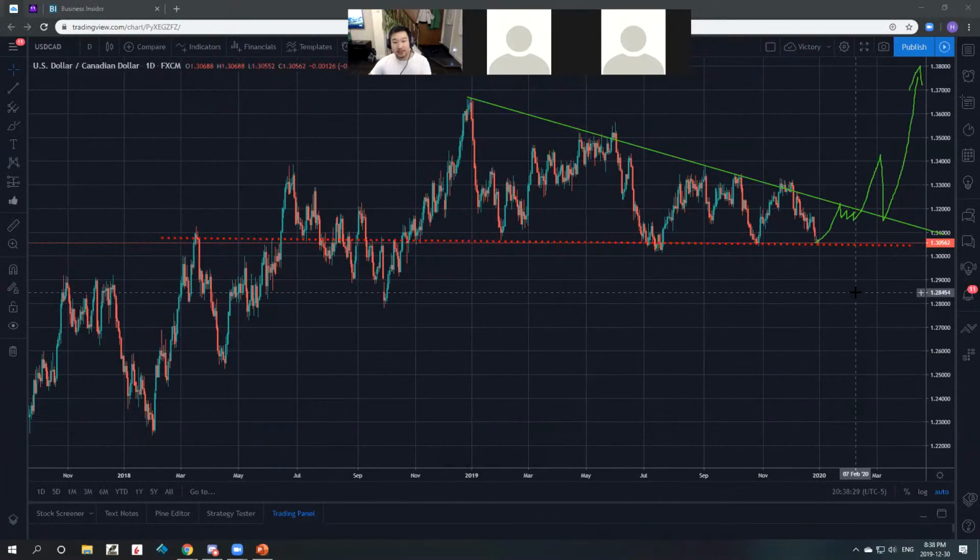You guys know the concept. Support becomes resistance and resistance becomes support, right? So that's the idea. That green line going down here is acting as resistance, but when we broke above it, and then we came back and then we bounced off of it. So this is the idea of support becoming resistance and resistance becoming support.